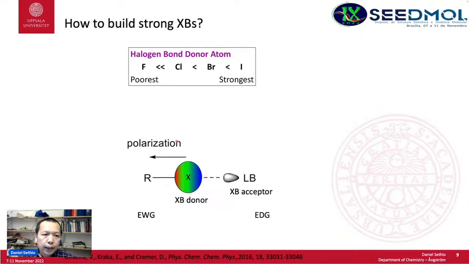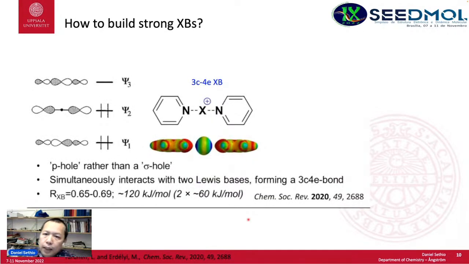The second strategy is by substituting the side group attached to the halogen bond donor with a more electron withdrawing group, and also by replacing the side group in the halogen bond acceptor with an electron donating group. The halogen bond donor can even have a stronger interaction by changing to electron deficient halogen ions.